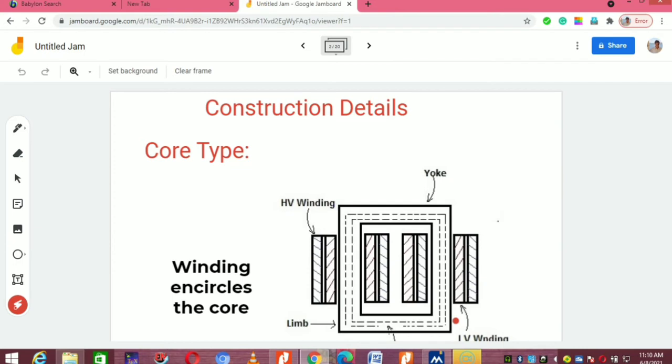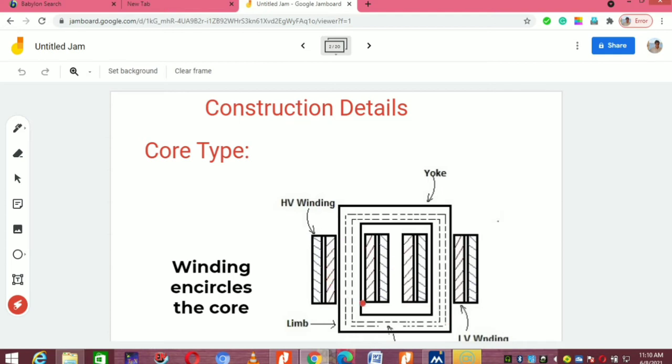We can see the rectangular frame here, and the windings are arranged concentrically with each other around the limbs of the core as shown in the figure. So here the windings are concentric in nature. So we are using concentric windings in the core type transformer.